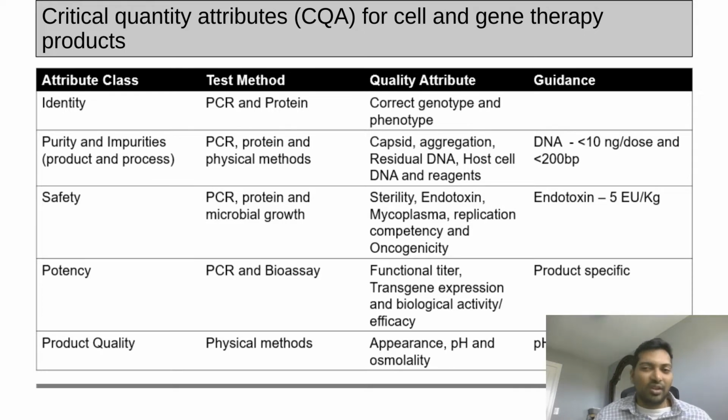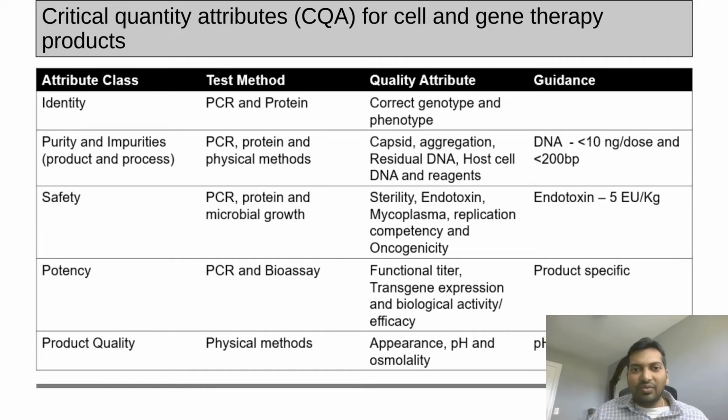It may be adeno-associated virus 2 or 9, and the genotype will give you the specific transgene you want to deliver. So this is a quality attribute. We also have guidance for this from FDA. Again, these guidances are all still from the recombinant protein world and then applied to cell and gene therapy.